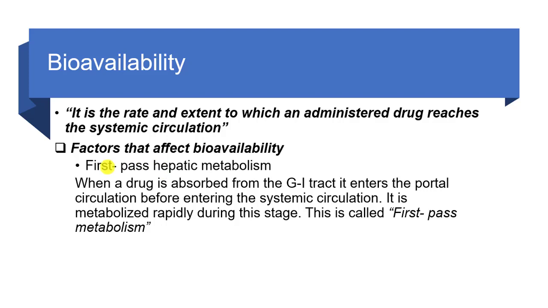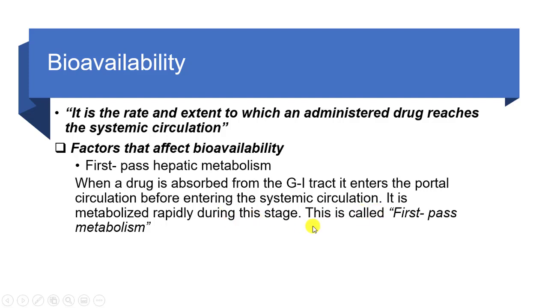If I talk about some of the factors that affect bioavailability, one is first pass hepatic metabolism, and this is a very important concept to understand. It basically means that when a drug is absorbed from the GI tract, it first enters the portal circulation, which is essentially the circulation within the liver. Hepatic cells are basically the liver cells, and the drug enters the portal circulation before entering the systemic circulation, and it is metabolized there rapidly.